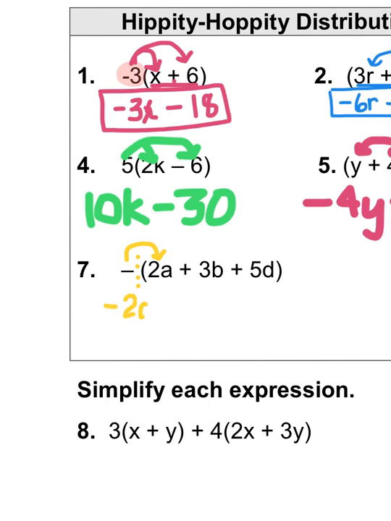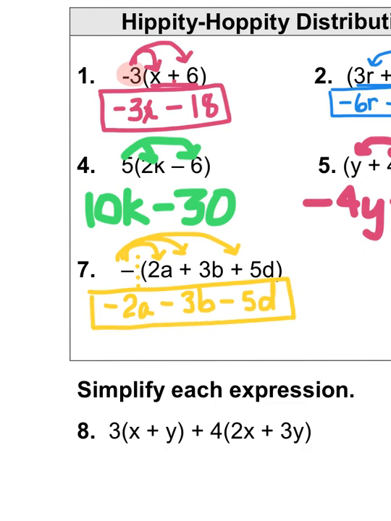So -1 times 2a is -2a. -1 times 3b is -3b. -1 times 5d is -5d. We've distributed the negative to each term.